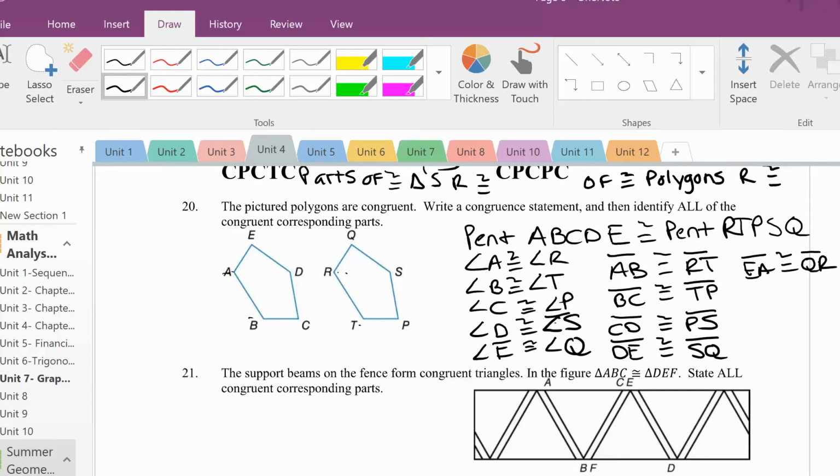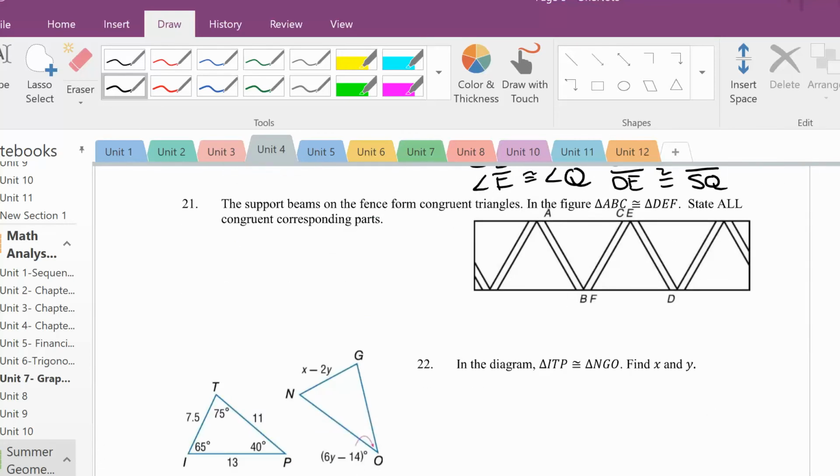All right, so now if you look at the next thing, it says the support beams on the fence form congruent triangles. In the figure, triangle ABC is congruent to triangle DEF. State all congruent parts. So if you look at the way it's lettered, that means angle A would be congruent to angle D. Angle B would be congruent to angle E. And angle C would be congruent to angle F. As far as sides go, you have AB congruent to DE.